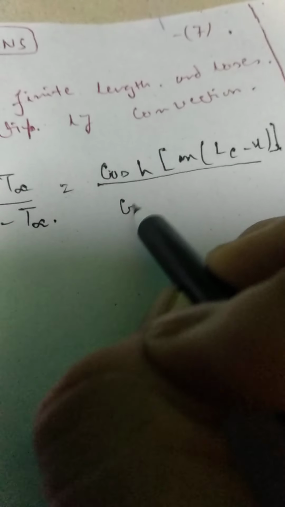(T minus T ambient) by (T naught minus T infinity) is equal to cos hyperbolic m (Lc minus x) by cos hyperbolic m Lc.